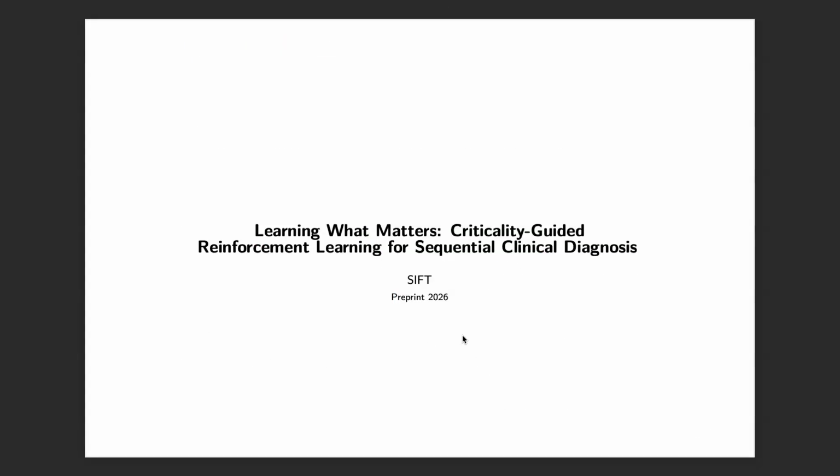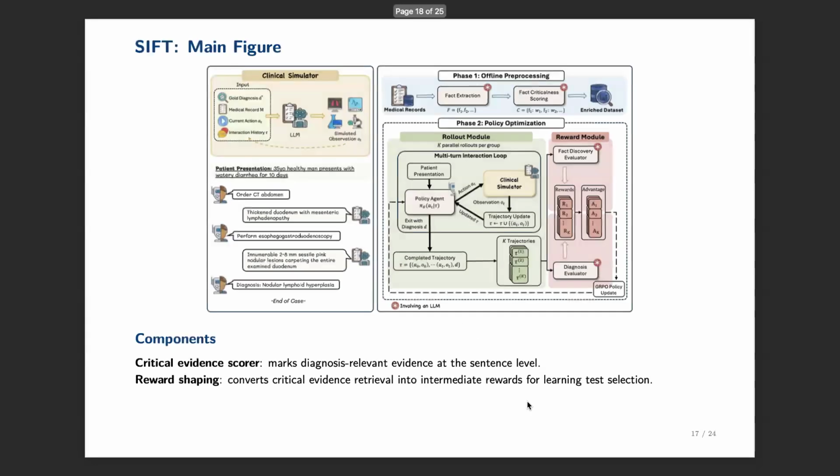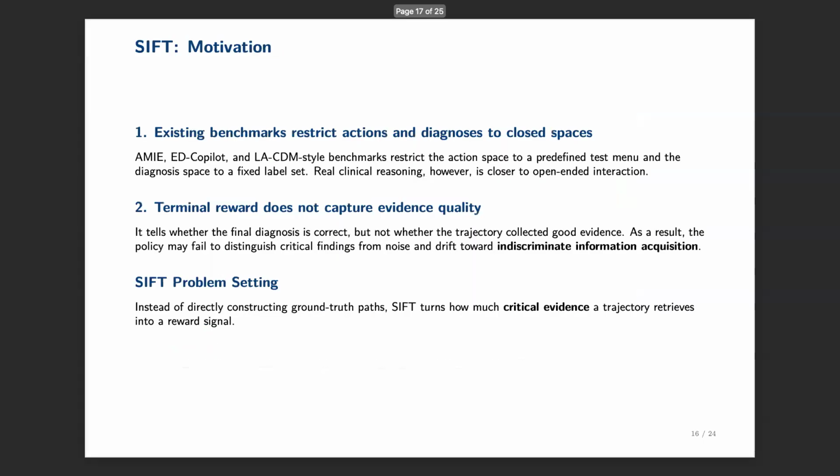And the third paper is SIFT. SIFT defines clinical evidence for each patient with a score that represents how important each piece of evidence is for the diagnosis. So they start from two limitations. First, past research usually restricts the action space to a predefined test menu and the diagnosis space to a fixed label set.